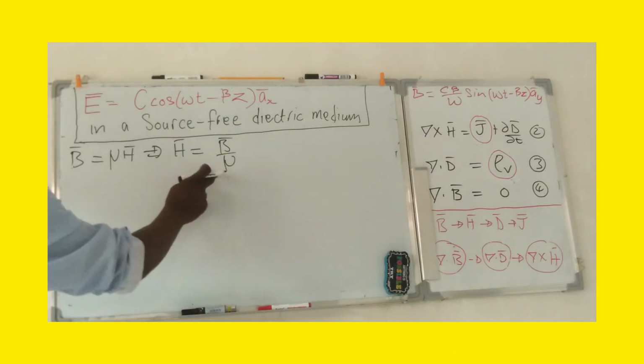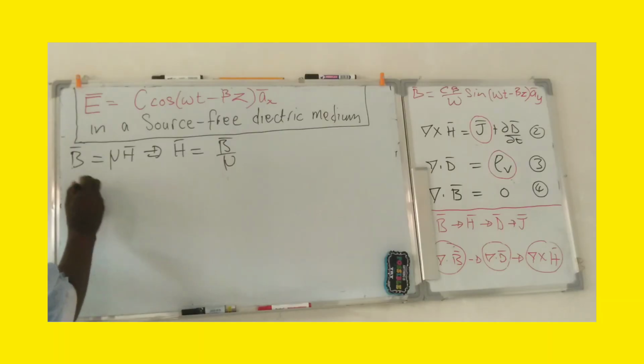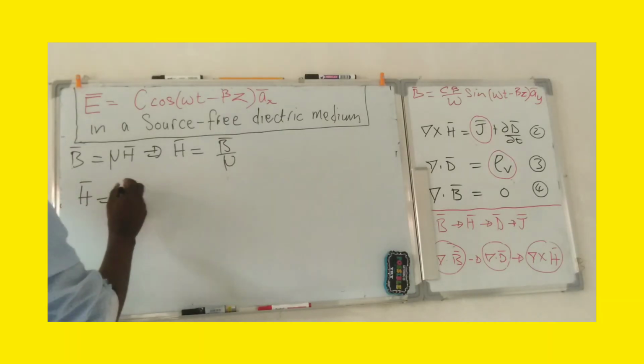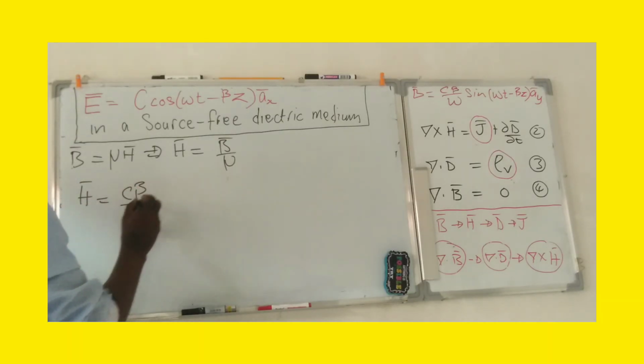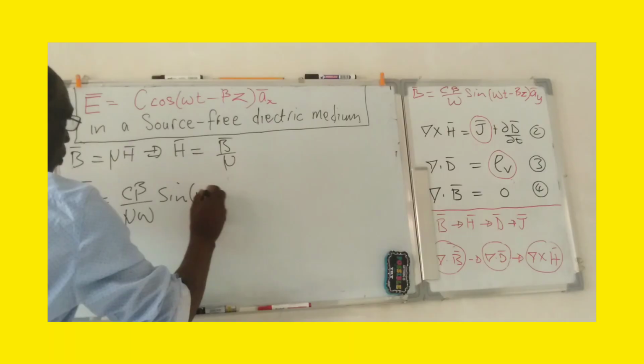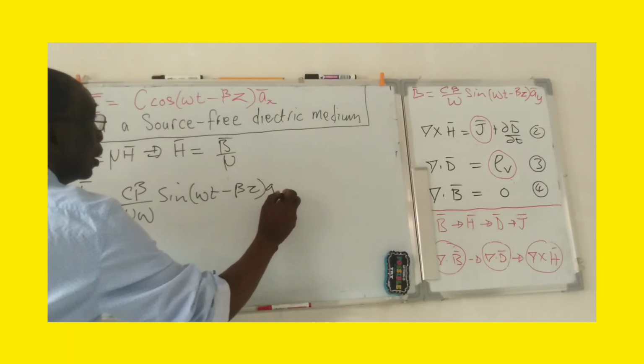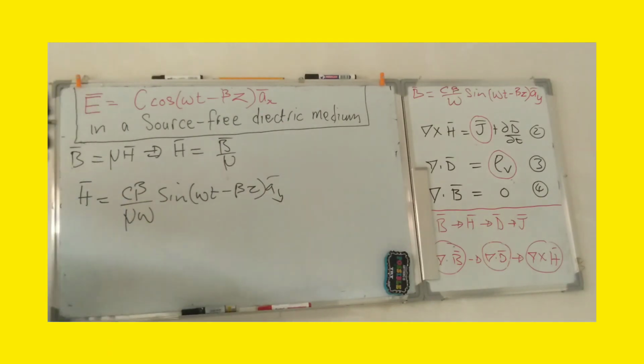So all we have to do now is to divide this by mu. So our H field is equal to C beta over mu omega sine of omega t minus beta z along the y direction.